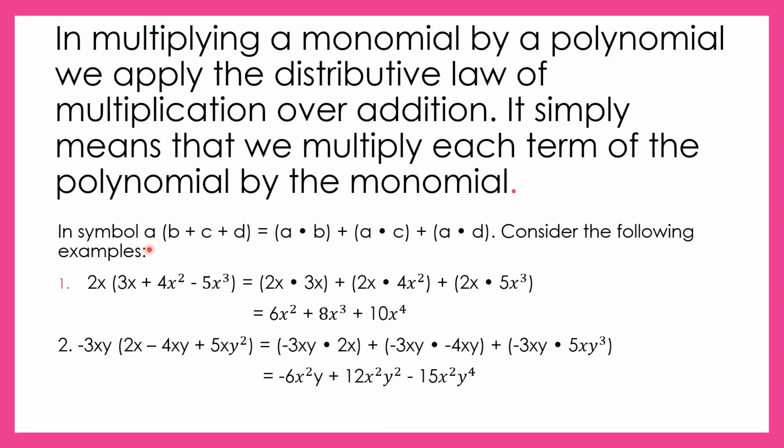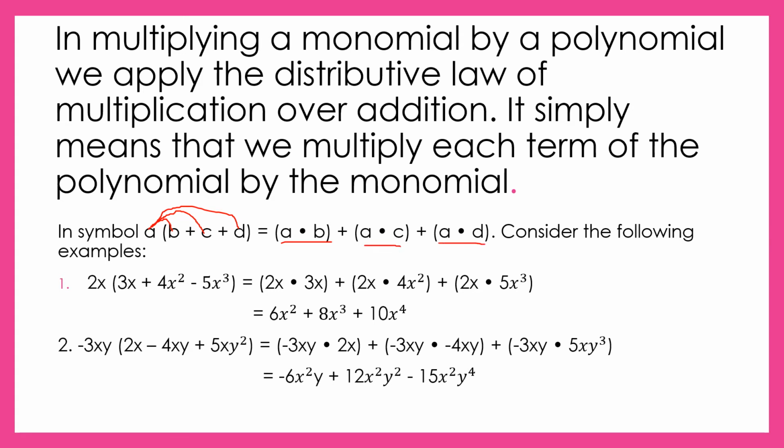So in symbols, A times the quantity B plus C plus D is equal to A times B. So we use the distributive property here: A times B, and A times D. That's why we get A times B plus A times C plus A times D.